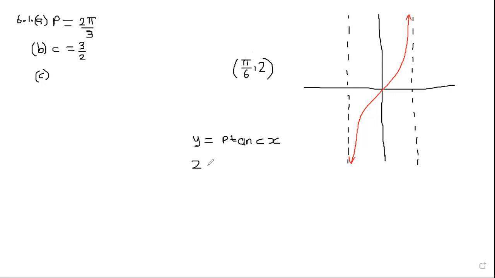So for y it's 2. P is what we want to solve for. Tangent of C, which is 3 over 2, times x, which is pi over 6.